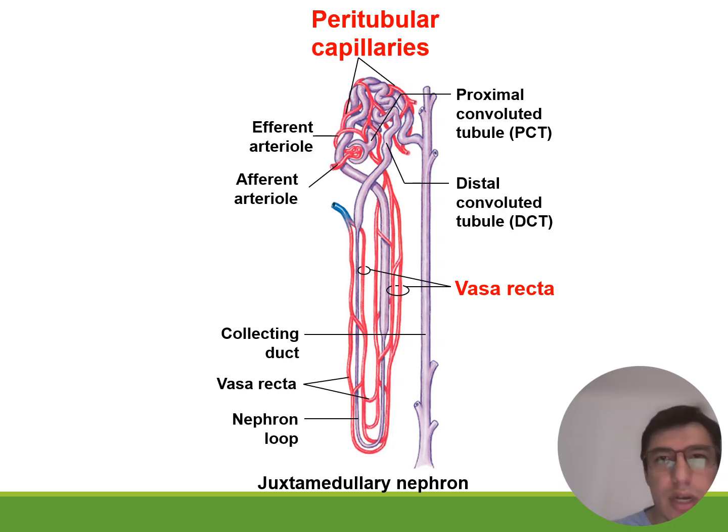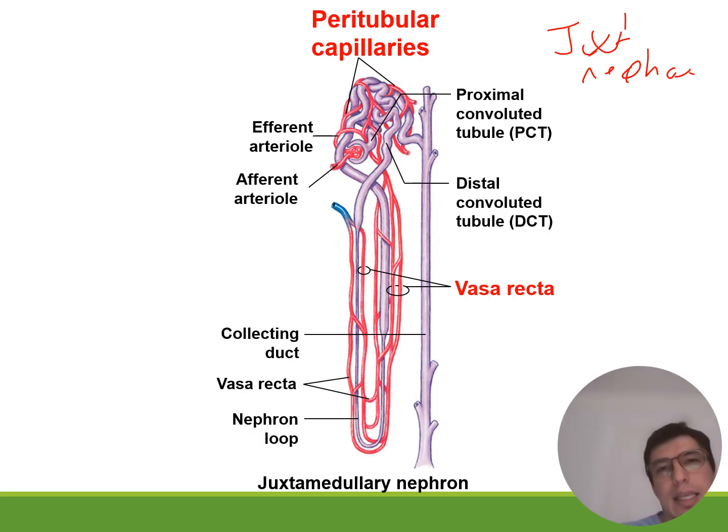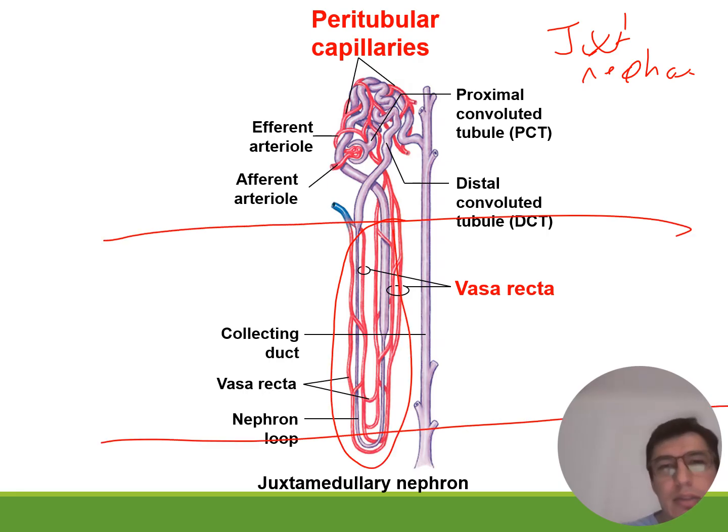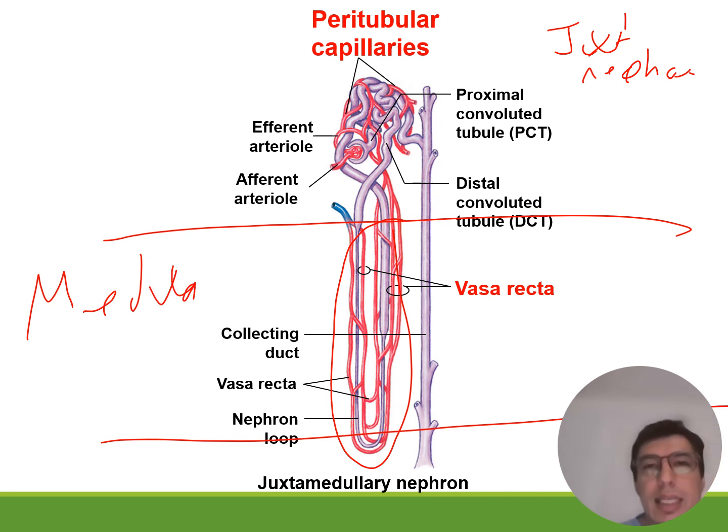This is a juxtamedullary nephron, and this is different. You can see how that nephron loop, or loop of Henle, is a lot longer. Remember that it will be extending into that medulla. Now this, in addition to peritubular capillaries, has the vasa recta.